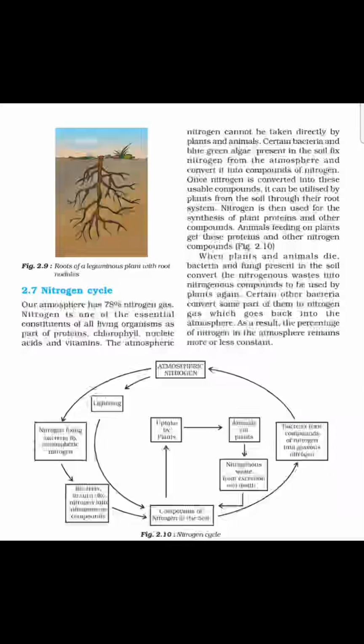So, the nitrogen cycle is a continuous, beautiful process where nitrogen constantly moves between the atmosphere, soil, and living organisms, all thanks to the incredible work of microorganisms. Without this cycle, life as we know it wouldn't be possible, because plants wouldn't get the essential nitrogen they need for growth.